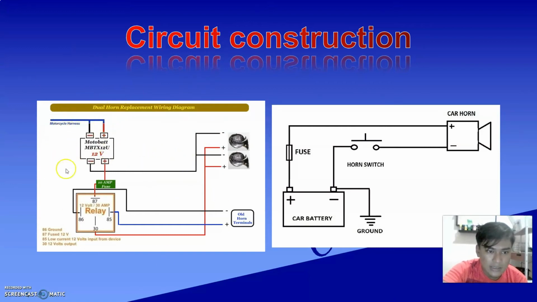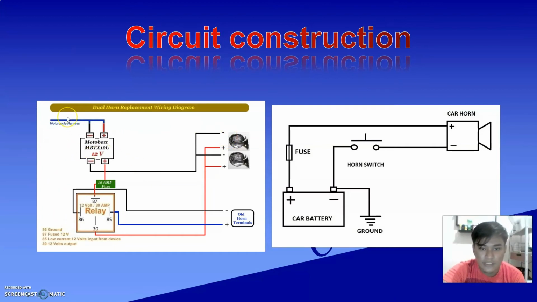In a horn system, we have a battery, which is a 12 volt battery, a normal battery that is used in a car, and we have a relay. This is the switch, and this is the horn. How does it work?